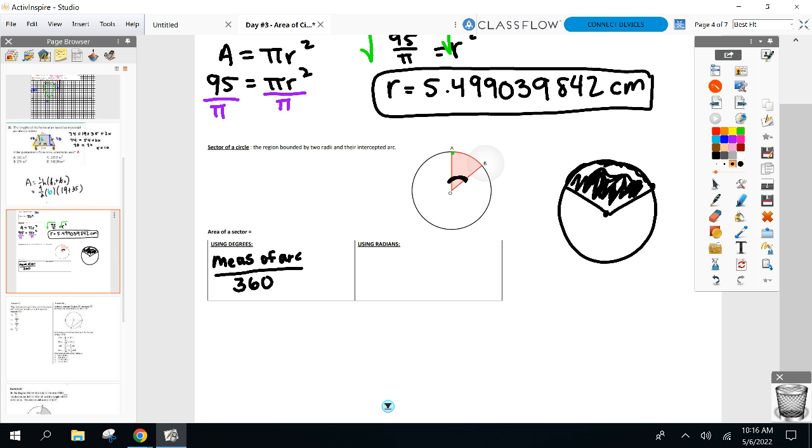Yes, it was the formula for arc length. And then anybody remember how we finished it? Times pi d, the circumference. That's how we finished it, right?